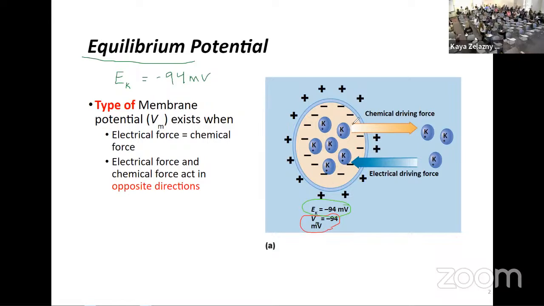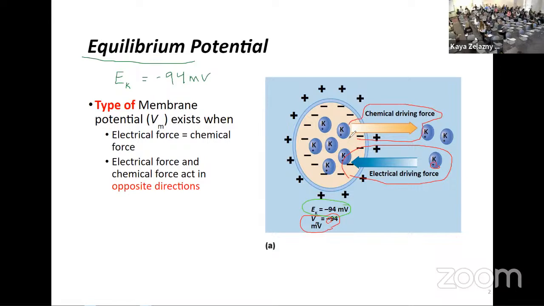So we can see that drawn out here. When our cell is at negative 94 millivolts, we have an electrical driving force on potassium, an EDF, that points in, because potassium is a positive ion, and the inside of our cell is negative. And at the same time, we have a chemical driving force that points out.